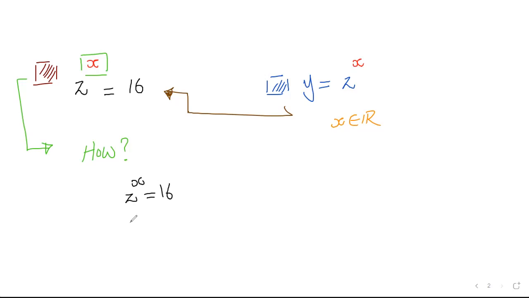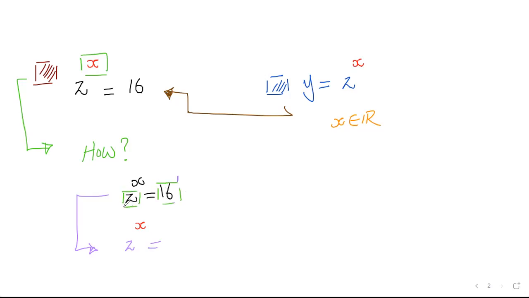Now our strategy starts. I'm going to look at this one: 2 to the power x. I'm going to keep 2, and the x, which I'm going to find, I keep there. But on the right side, what is the exponent of 16? 1. But the thing is that these two bases are not the same, so based on what you learned, this is not valid yet.